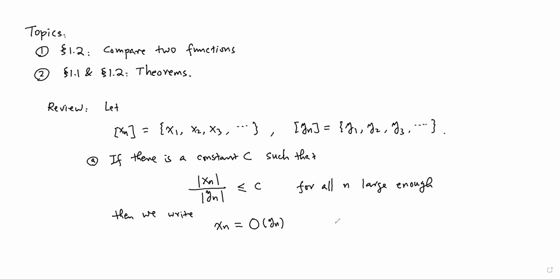Definition B: if we compare the two sequences by ratio, xn over yn, and the limit as n approaches infinity of the ratio is 0, then we write xn is little o of yn.